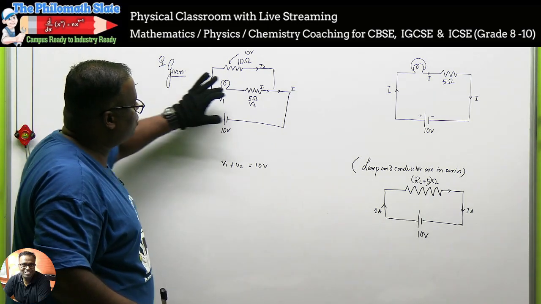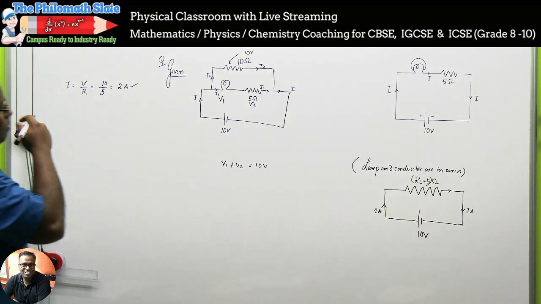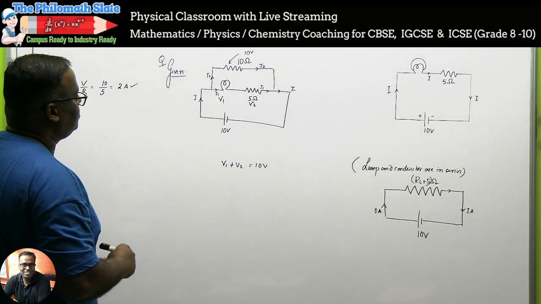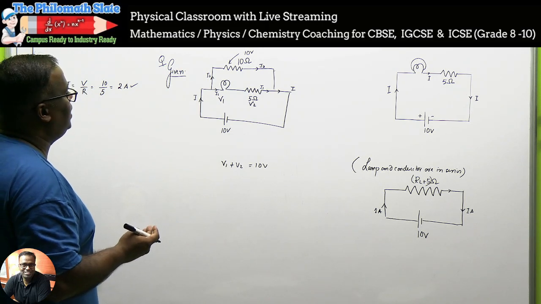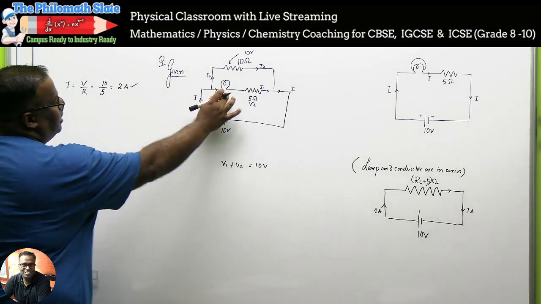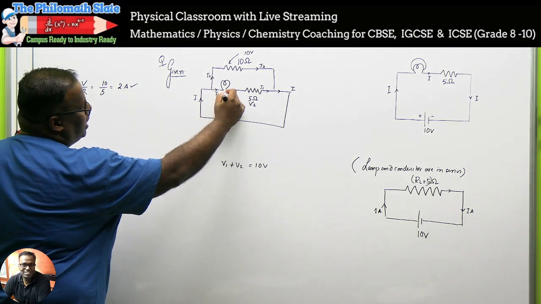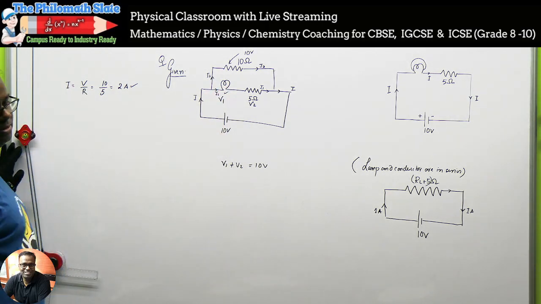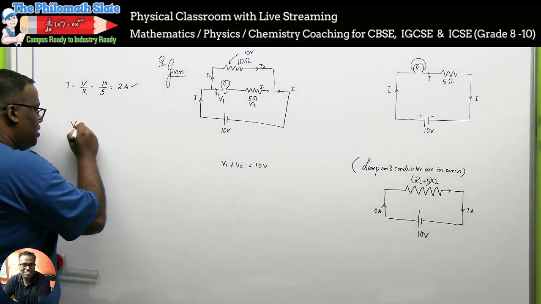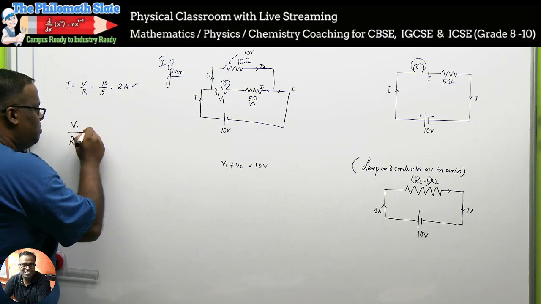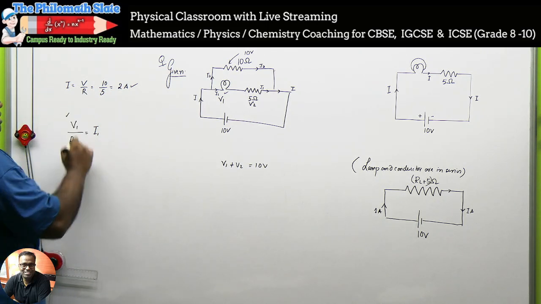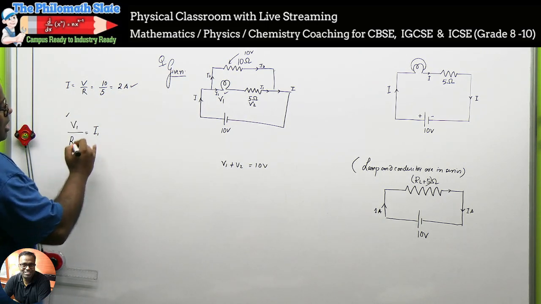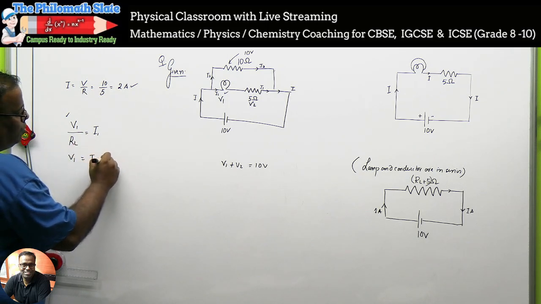Let's now progress on the smaller one. Try to apply Ohm's law only for this bulb. V1 upon R of the lamp should be equal to the current flowing through it. Agreed? We have to find V1, so V1 equals I1 into RL.